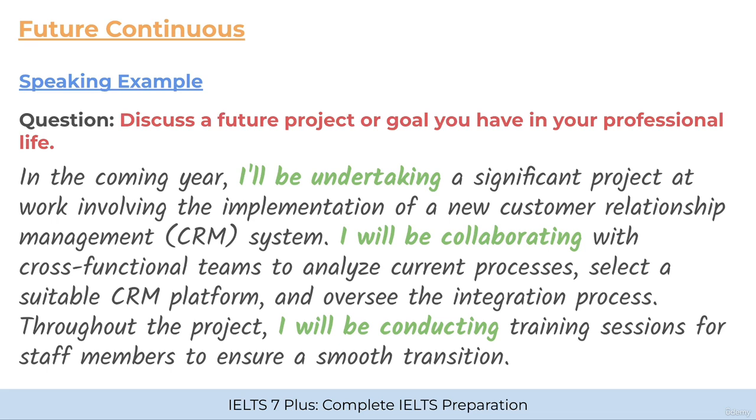I and will are contracted to form I'll. I will be collaborating. I will be conducting. Right, so we've got that subject followed by will, just like in future simple, but this time we follow it with another auxiliary, be, and then we have the present participle.